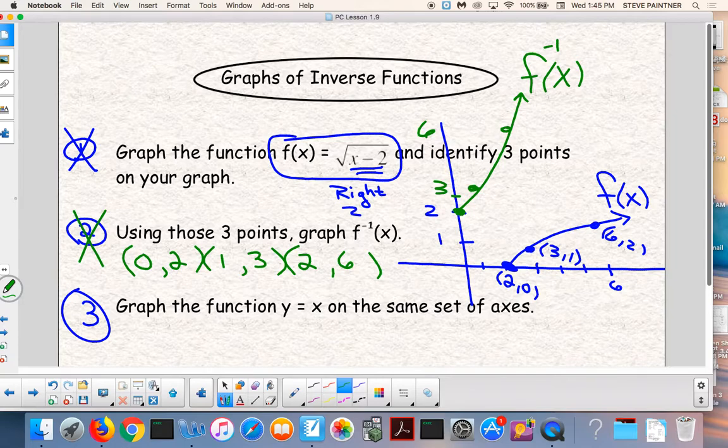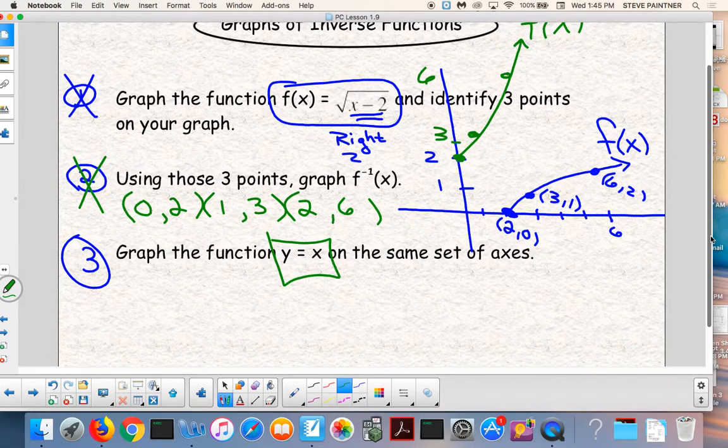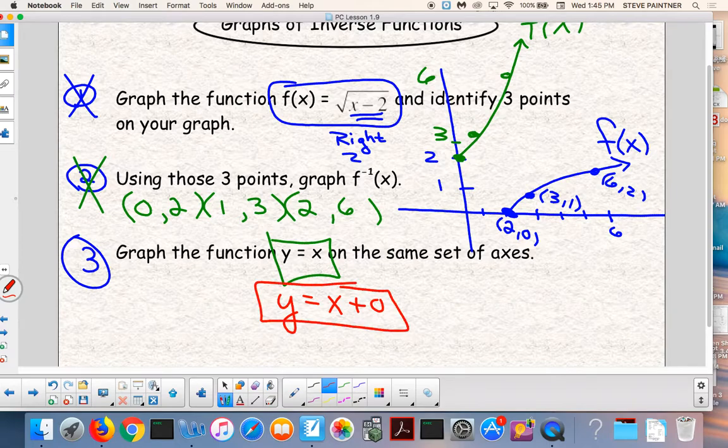Graph the function y equals x on the same set of axes, so just right there. Put it on that picture. Hopefully you notice y equals x is really in slope-intercept form.